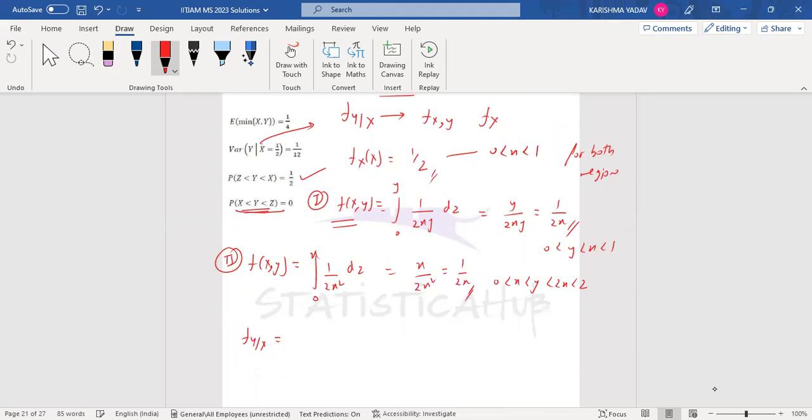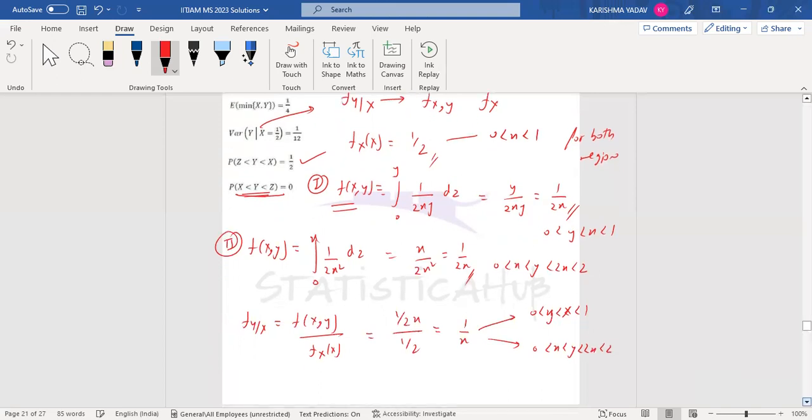So f of y given x is f of x comma y upon f of x, which equals 1 upon 2x upon 1 by 2, that is 1 by x, for the two different regions: 0 less than y less than x less than 1, and 0 less than x less than y less than 2x less than 2. Okay, so this is the distribution that I got.